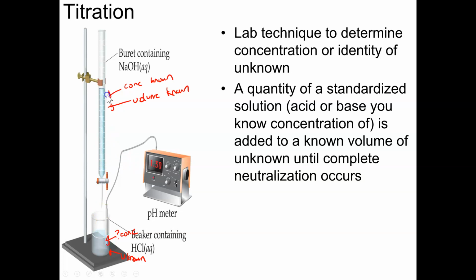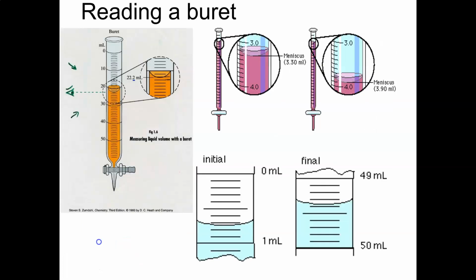So if I can get the moles of this by multiplying the concentration times the volume, it is equal to the moles of this. If I have the moles of this substance and I have the volume, which they gave you or you can measure, then you can figure out the concentration, because concentration is nothing more than moles over volume. So that's where the concept of this comes in.